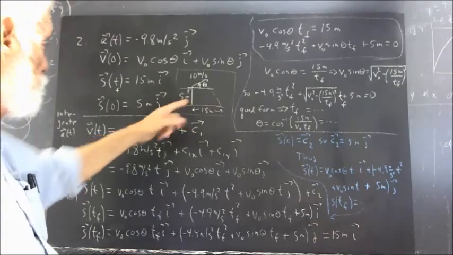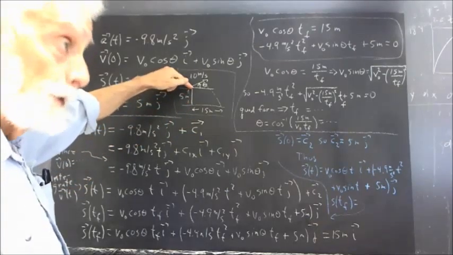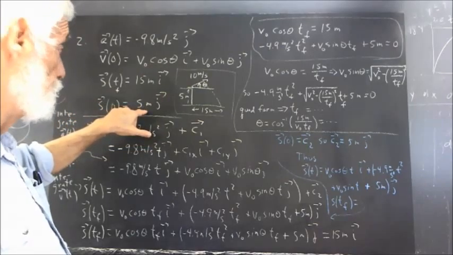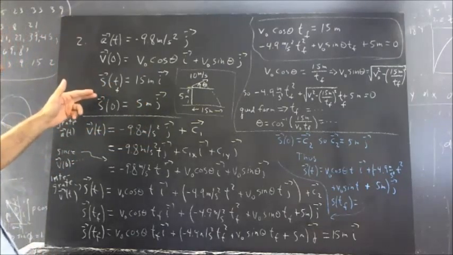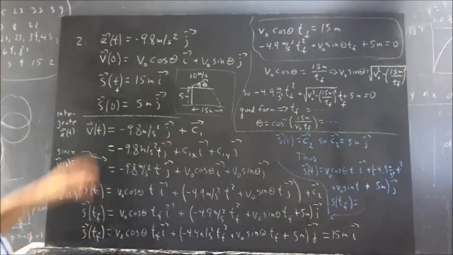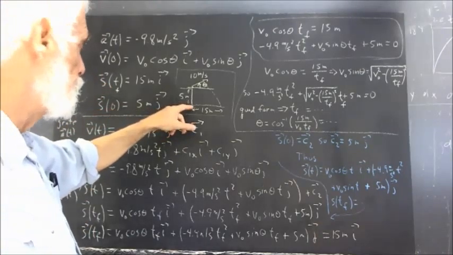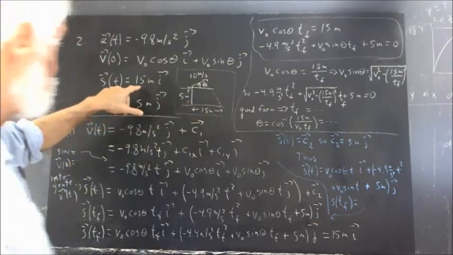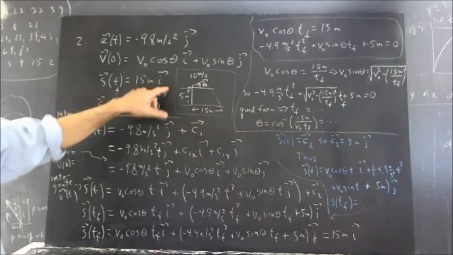Now, we could have done all this relative to this point, and then s of 0 would be 0. In either case, s of t f, if the origin is here, is just 15 meters to the right of the origin. That corresponds to the vector 15 meters times i.